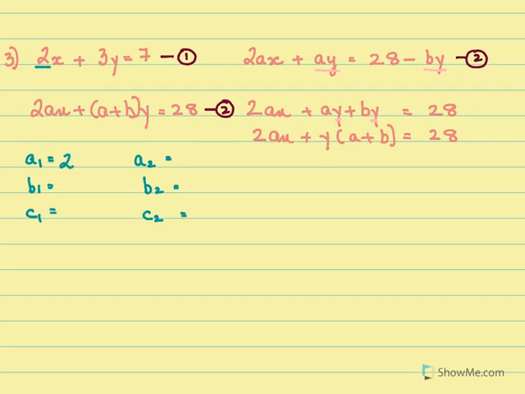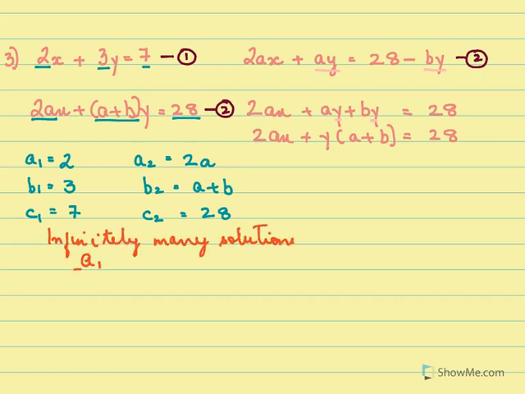So here is our a1, we put as 2. This is our b1, we put it as 3. This is c1, 7. In the other equation, the coefficient of x is a2, so this is 2a. Coefficient of y is b2, a plus b, and c2 is 28. It has infinitely many solutions.